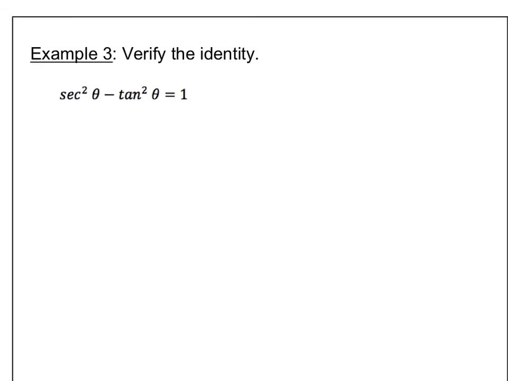All right, so here, verify my identity. Secant and tangent. So I've got to start thinking here. Secant squared is really 1 over cosine squared. Tangent squared is going to be sine squared over cosine squared. And I've got to make this look like 1.